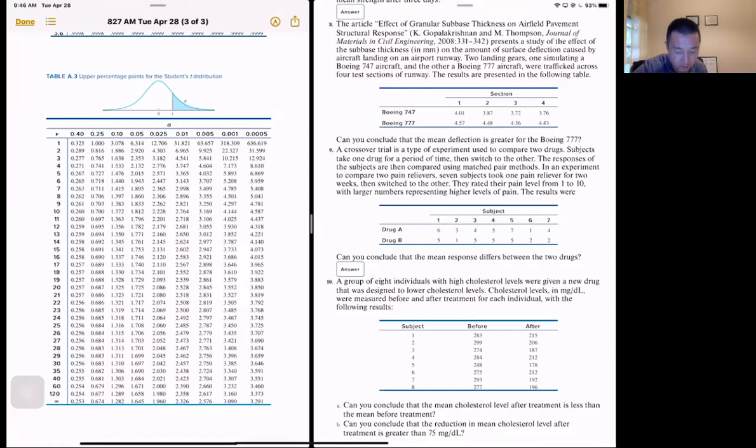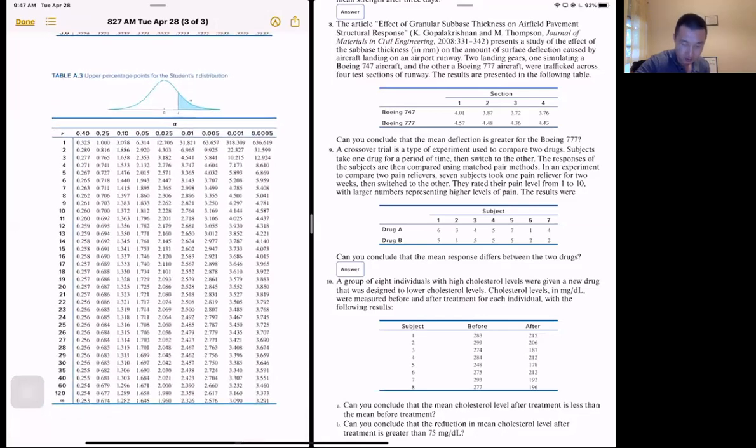So 0.718 is for a p-value of 0.25, and 1.44 is for a p-value of 0.1. Okay, so the p-value will be between 0.25 and 0.1, times 2.